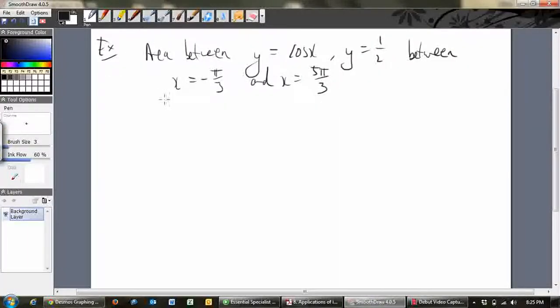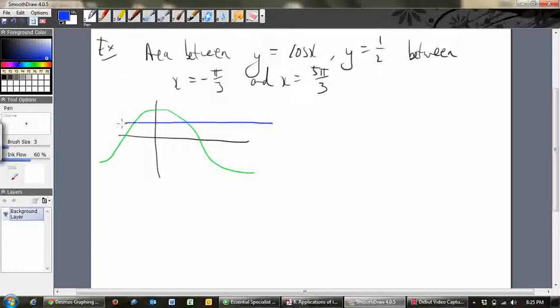Let's just do a quick sketch of that. So something like this. We've got y equals cos x. Something like that. Okay, and we've got our y equals half, so going through it like that.